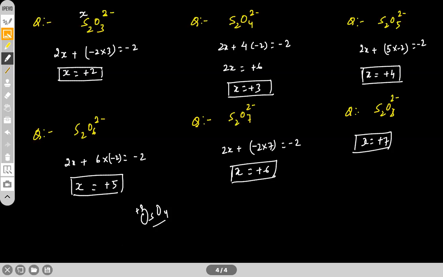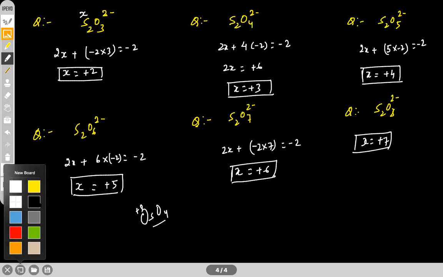So let us try to understand the structure-based oxidation state here. First, we'll take S2O3 2-. This information I'm giving you, the structure of S2O3 2-, you have to memorize.